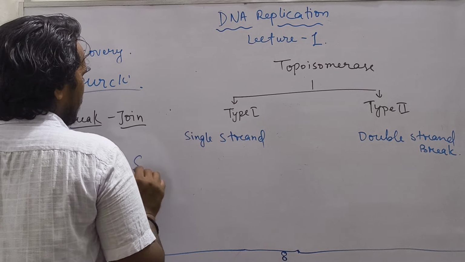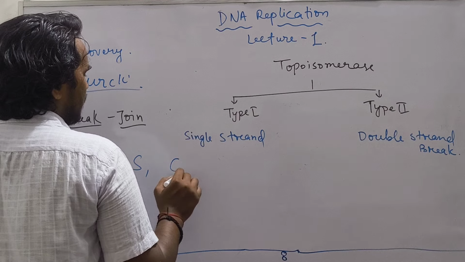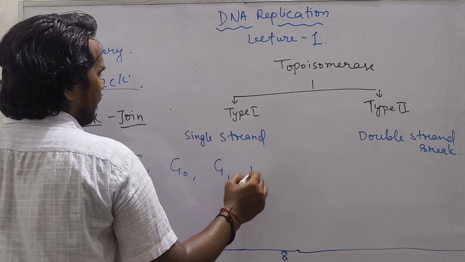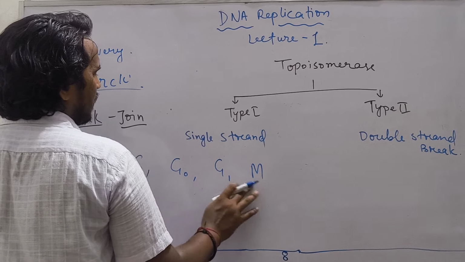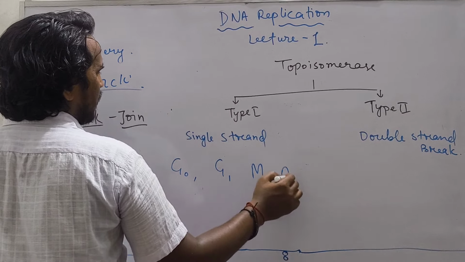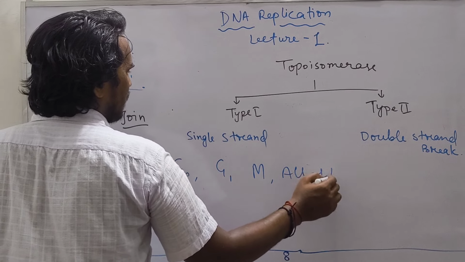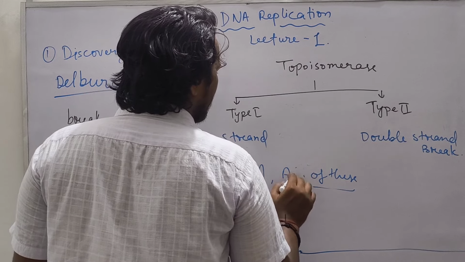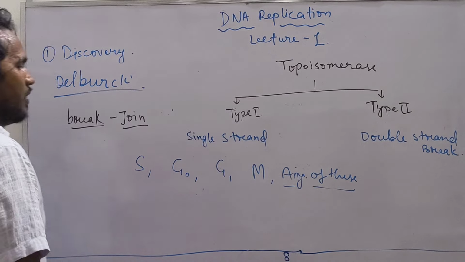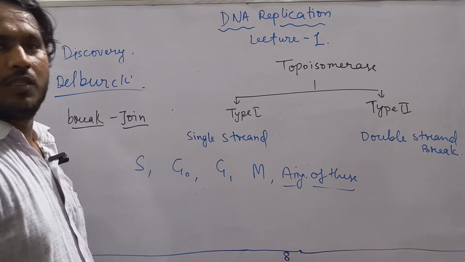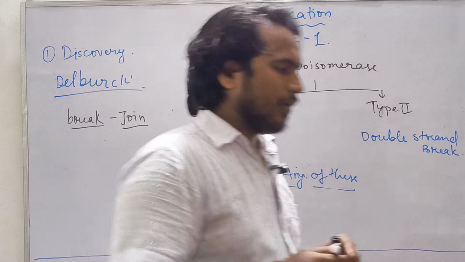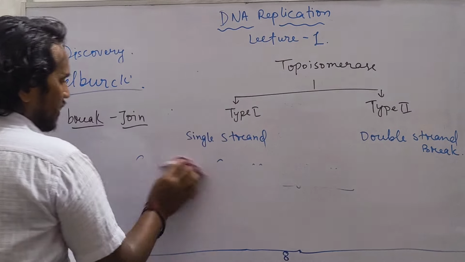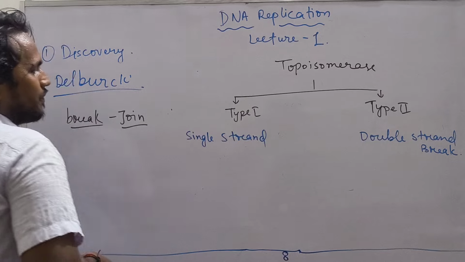Let me give you the options: S phase, G0 phase, G1 phase, M phase, or one more option, all of this, or any of this. Give me your answer. Please comment, so this class will be more interactive. Now, I will tell you the answer. Please pause and then check the answer.